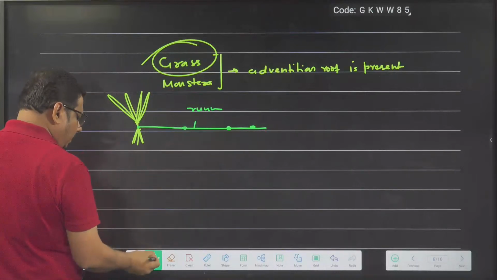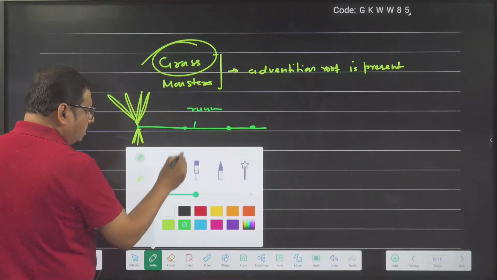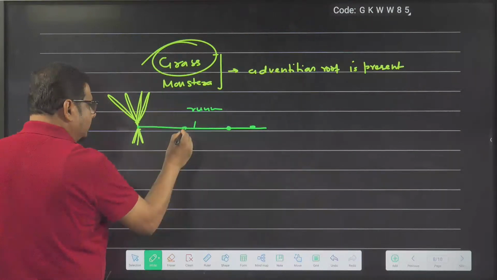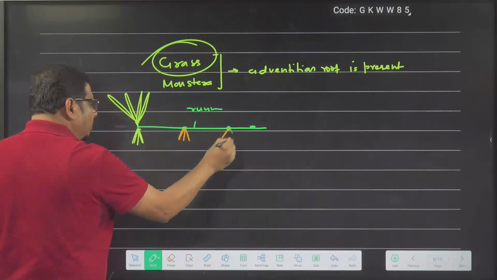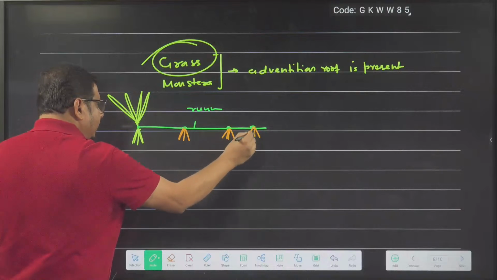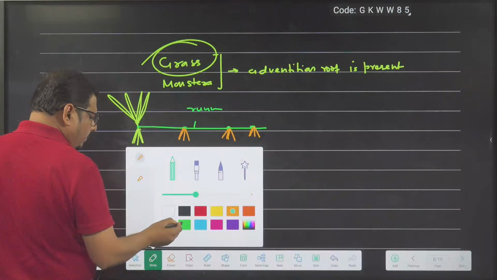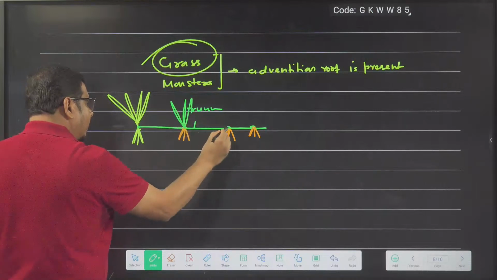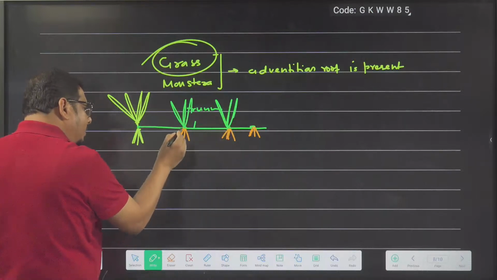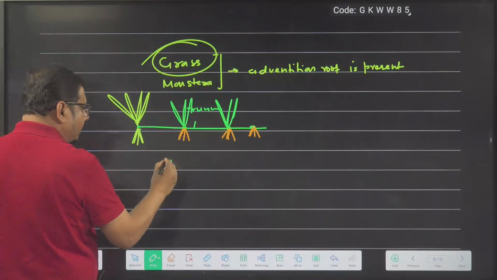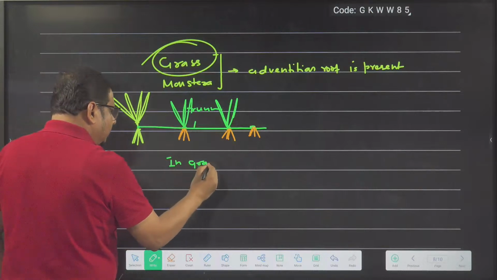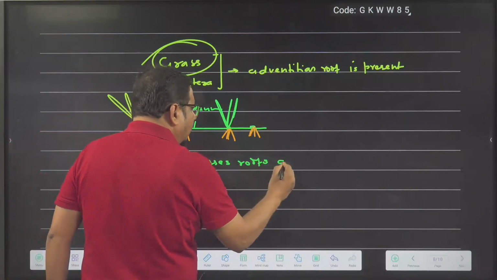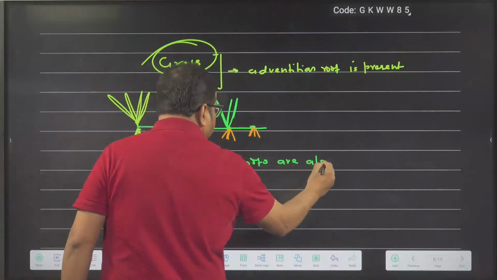This branch is called runner. From every branch of the runner, what is arising? Roots are arising. Here root is arising from the nodes. Are you getting the idea? Upper shoots are arising. So in grasses, roots are also arising from nodes.